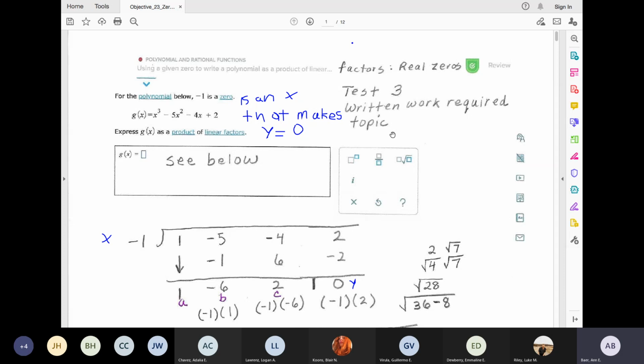I wanted to cover this topic with you today, and I'm doing a different question than I did before because, number one, the results in ALEKS are lower than I would like to see as far as students who have gotten credit for this topic, who have learned this topic. And number two, it's a very great segue into what we are going to do today. So this is one of the written work required topics that you are going to see on Tuesday.